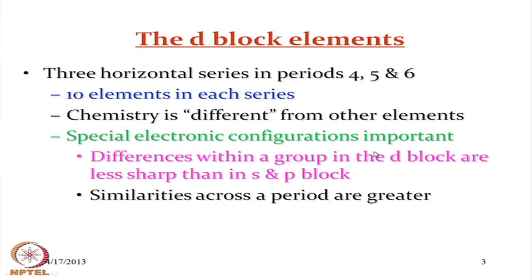Special electronic configurations are important, and differences within a group in the d block are less sharp than in the s and p block. Within one particular group, the character of the metal ions is not very different, because we are going from d1 to d2 to d3 to d4 to d5, getting these configurations through the filling of only the d orbitals.